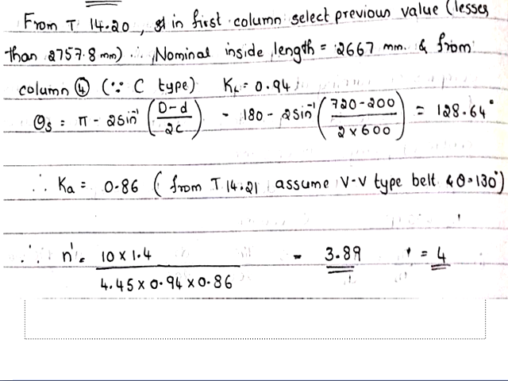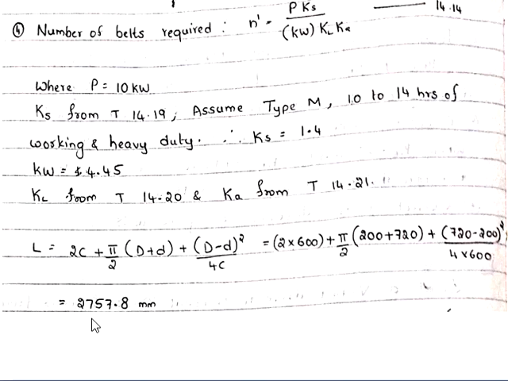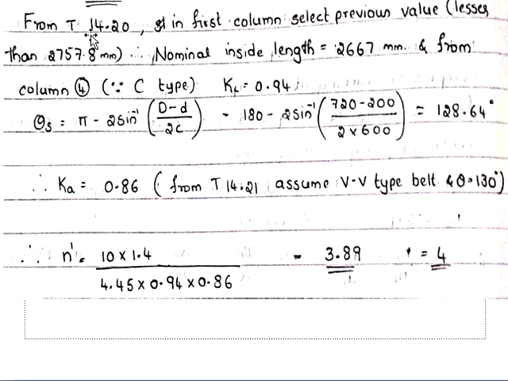You have to select a value which is slightly smaller than the L value you obtained from the previous equation. Here, after calculating, you are getting L as 2757. So in table 14.20, you have to select a value smaller than 2757. The value smaller than 2757 is 2667.